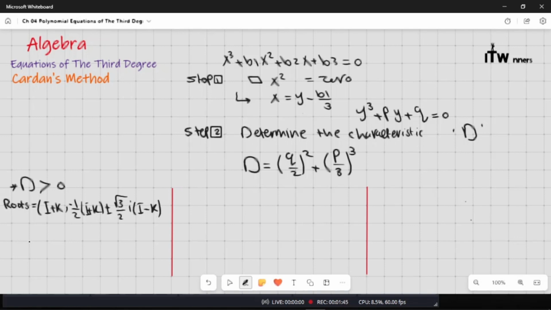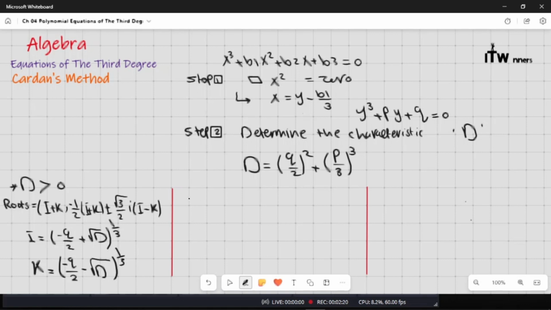Here I equals the cube root of negative q by 2 plus square root of d, and k equals the cube root of negative q by 2 minus square root of d.